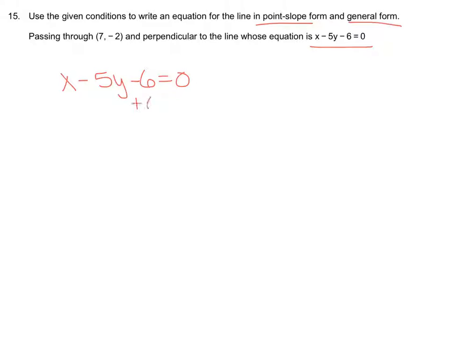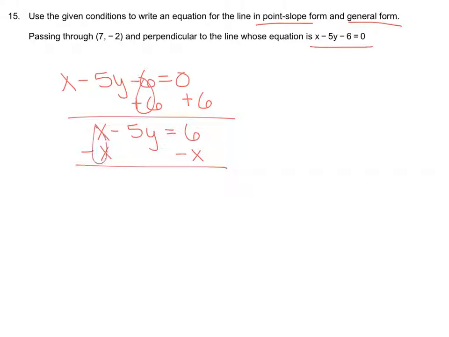So to do that, I'm going to isolate the y. So first we'll add 6 to both sides, and we have x minus 5y equals 6. Then we'll subtract x on both sides, and we have -5y equals -x plus 6. And then we'll divide every term by -5.